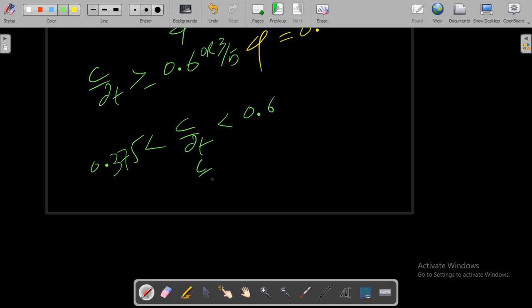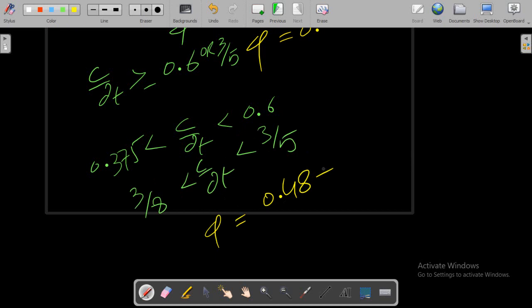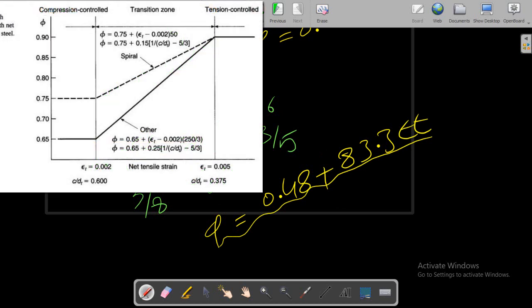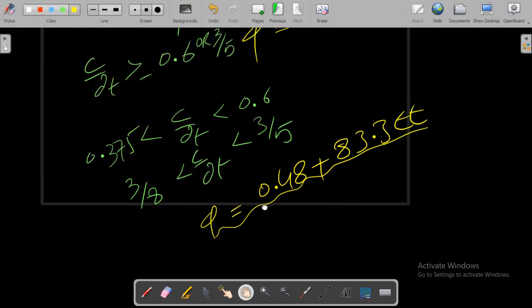So in another way, if c by dt is greater than 3 by 8 but less than 3 by 5, then the phi value will be adjusted by using the given equation which I have already written, 0.48 plus 83.3 epsilon t. This is another way. This equation can also be written in the form of c by dt. I will share this equation in my examples.